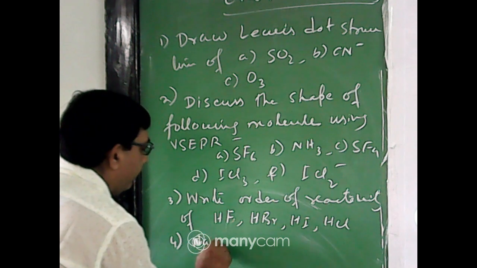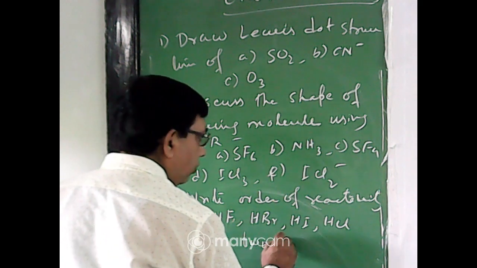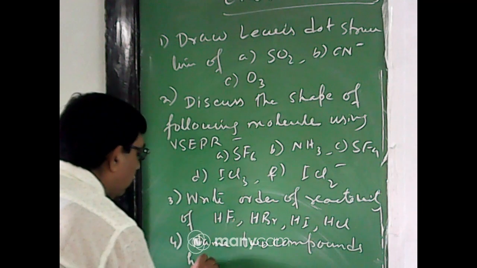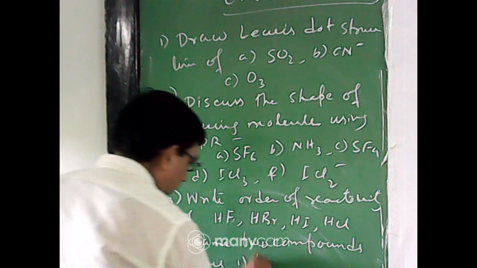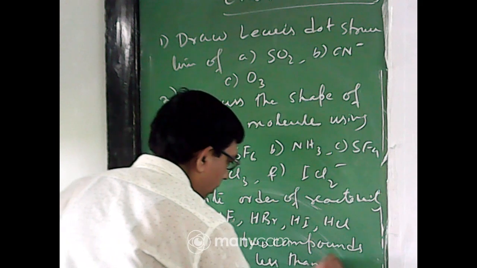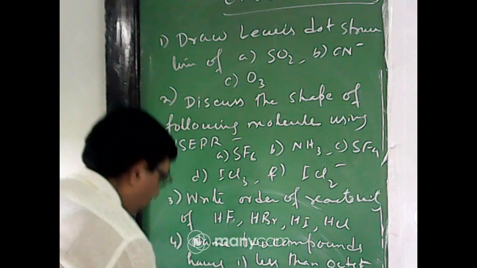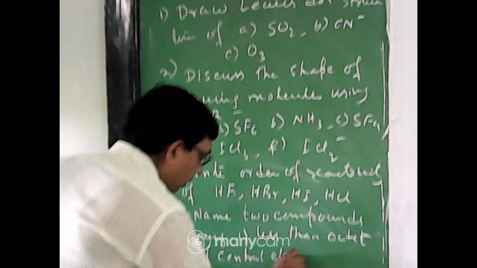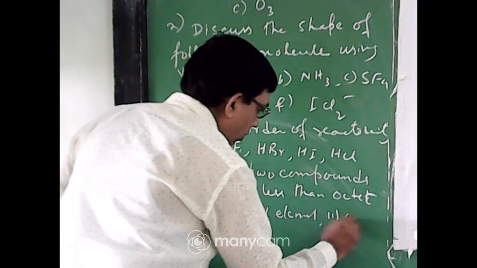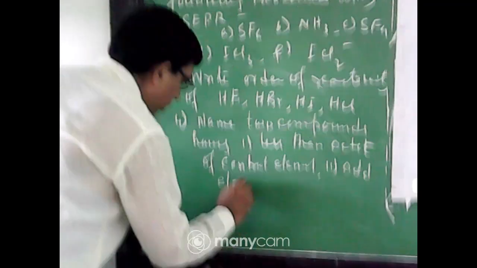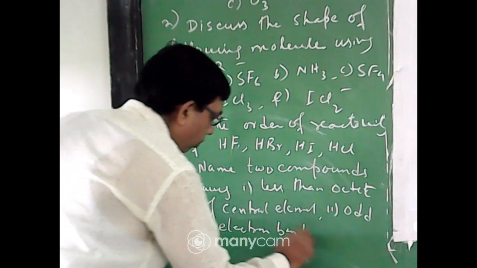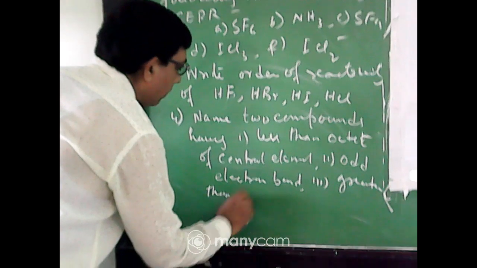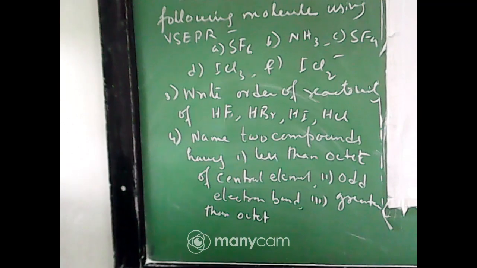Number 4. Name 2 compounds: number 1, having less than octet of central element; number 2, odd electron bond; number 3, greater than octet.